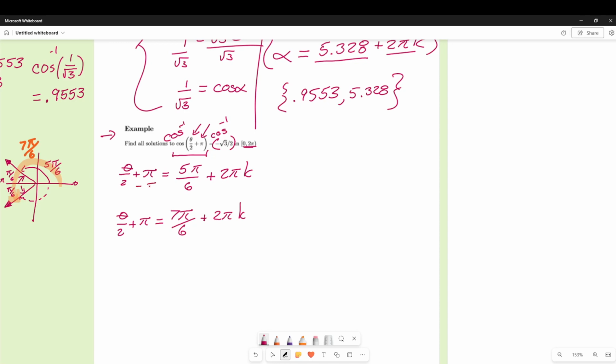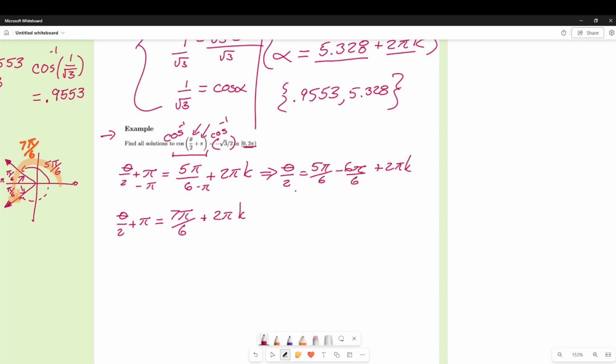So I'm going to subtract pi. Now I'm going to be careful here. I know it's weird to work sideways. Maybe I should orient those differently in the future. We'll see. So theta over 2 equals 5 pi over 6 minus pi plus 2 pi k. So to subtract those, I need common denominators.